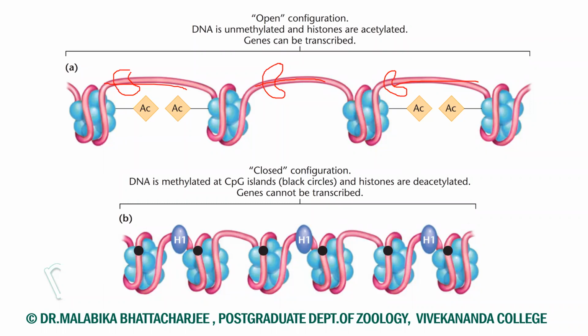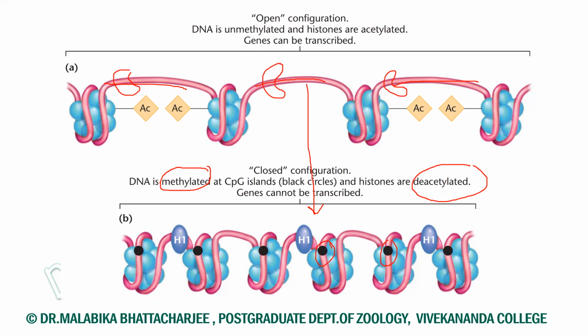But what happens? Methylation and histone deacetylation, keep it in mind, bring the DNA into a closed conformation. You see, as a result of methylation, these stretches of DNA become inaccessible to the polymerase, and with histone deacetylation, you can see the nucleosomes are brought very close together.